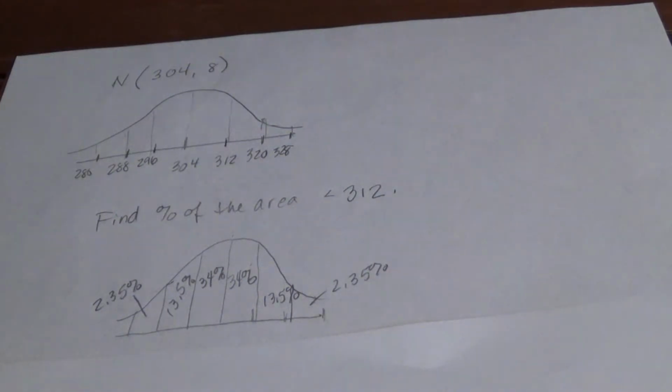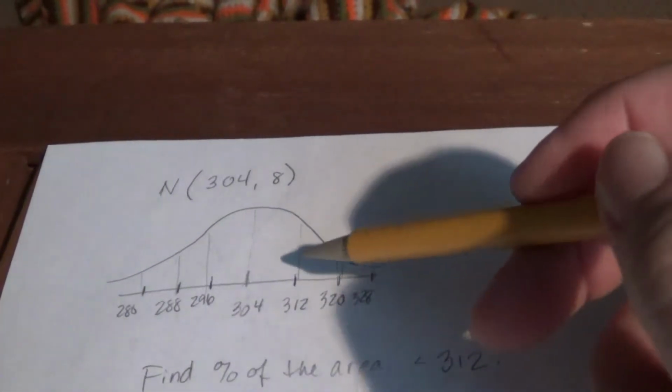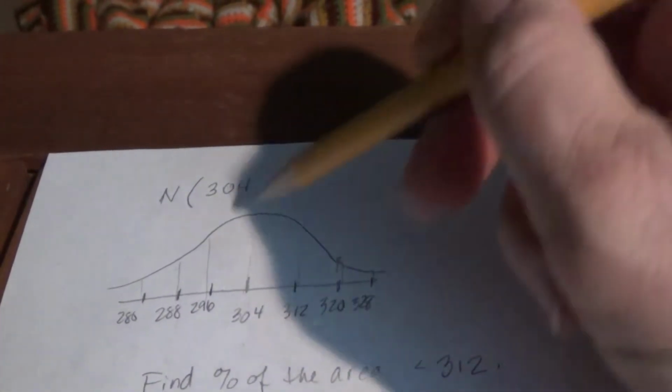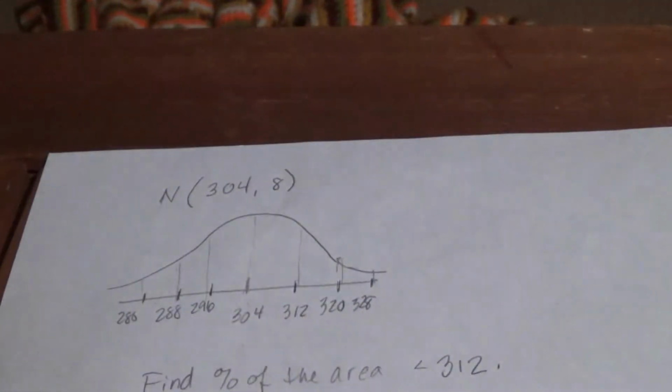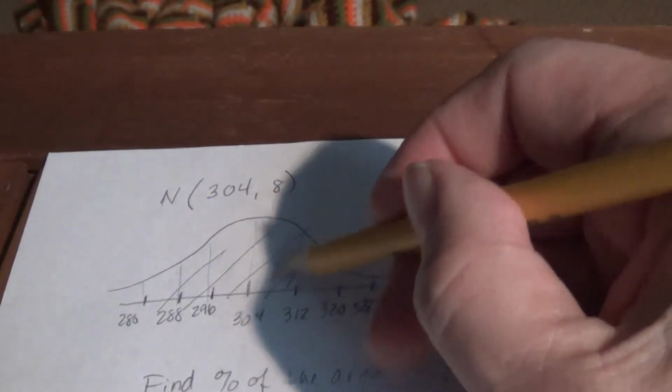Alright, the answer is, well, less than 312, I'll just kind of color it in up here. Here's 312. It appears as one of my standard deviations, and I'm going to stripe everything else, so up to here. Whoops, I went over. The pencil's fighting me.